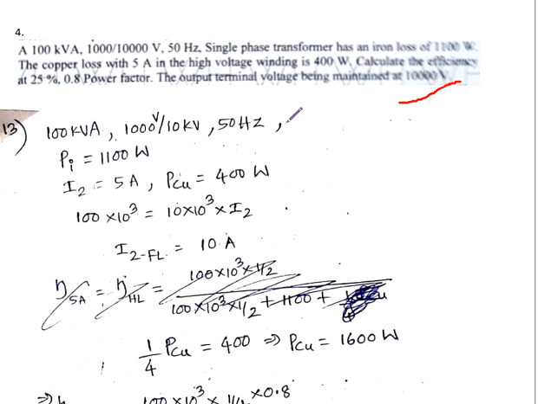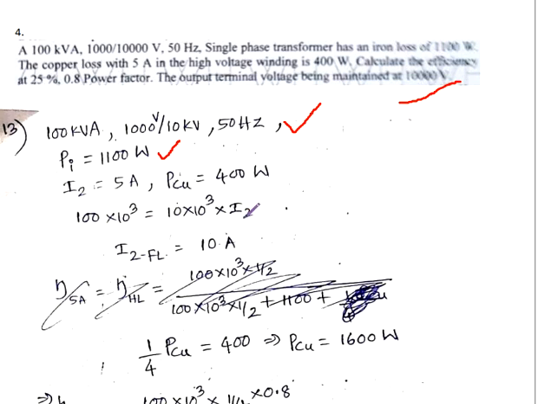First you need to write the given parameters. Pi is given, which is the iron loss, 1100 watts. Then I2 is given as 5 amperes, at which the copper loss is 400 watts. Now from the rating of the transformer we will get the I2 value at full load, because the rating is always given at full load condition.